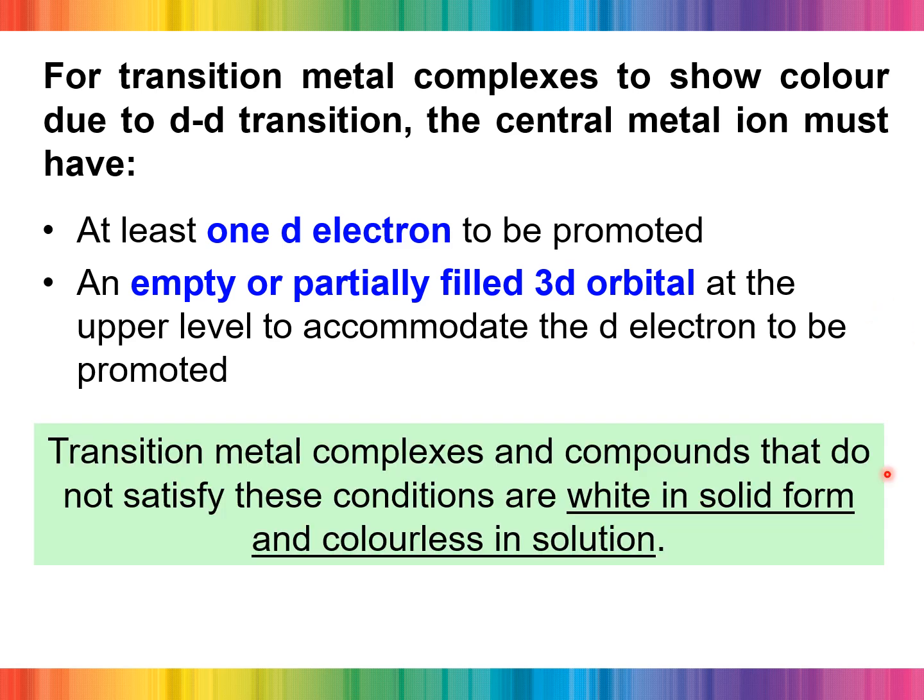So this shows something that you need to know, that there are actually TM complexes or compounds that may not satisfy this condition. If they do not satisfy these conditions, these complexes and compounds can appear white in solid form and colorless in solution.